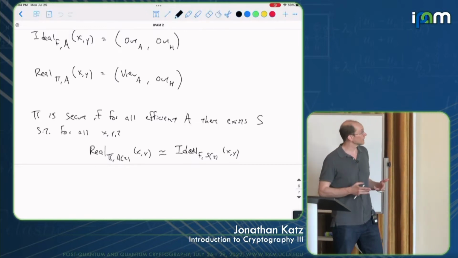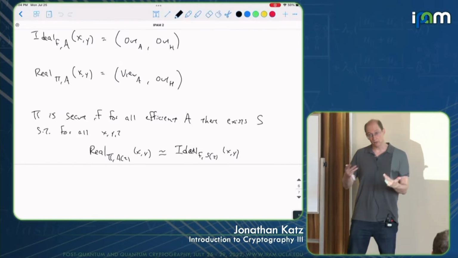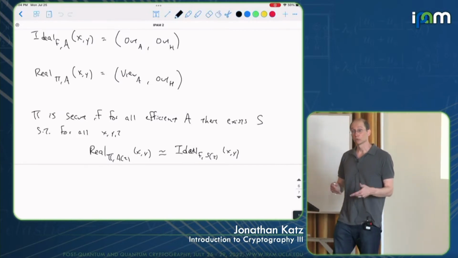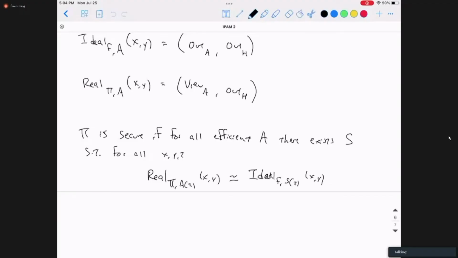Another way of saying it is that whatever behavior an attacker could cause in a real-world execution of protocol pi, there's an equivalent attacker S that can cause the same effect in the ideal world execution. And since the ideal world execution is secure by definition, because of the way we set up the ideal world, that tells you that the real world execution is secure as well.